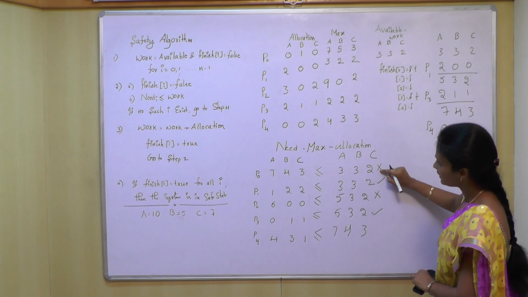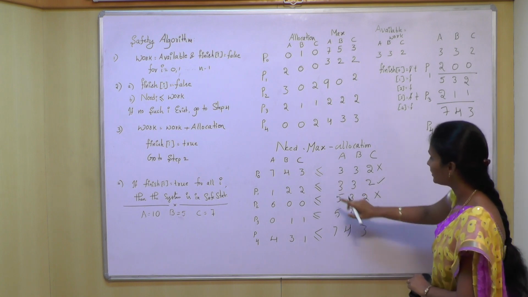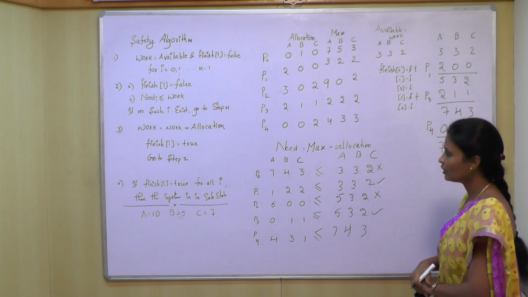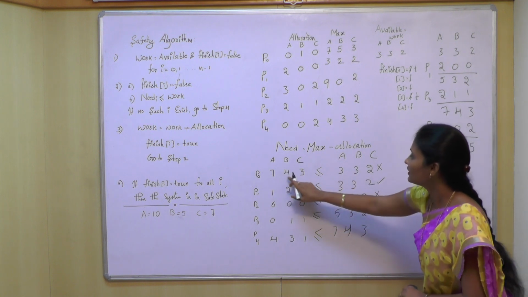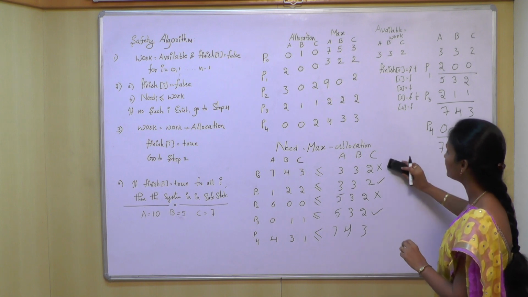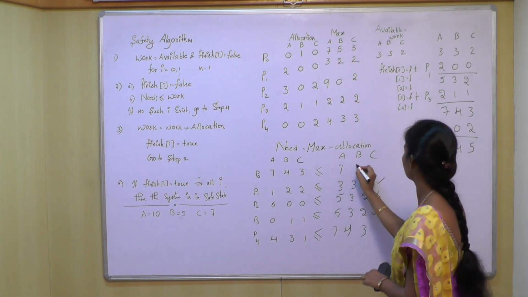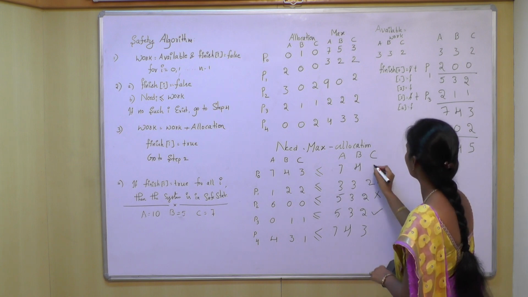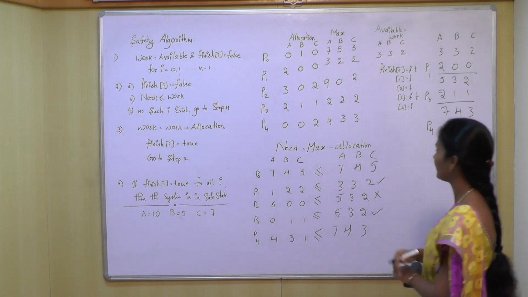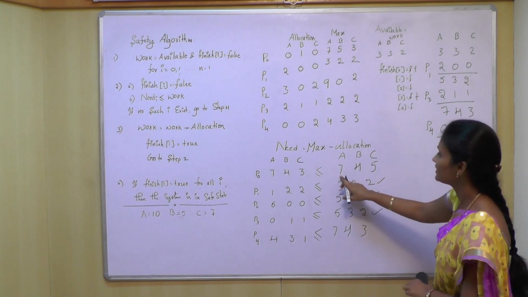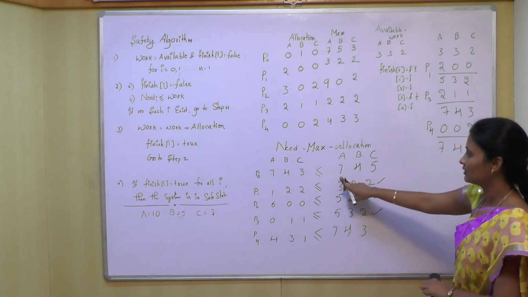Now we check the condition for process P0 and process P2. See that 7, 4, 3 is the need of process P0. Now the available resources are 7, 4, 5. Now check that condition. It satisfies the condition.